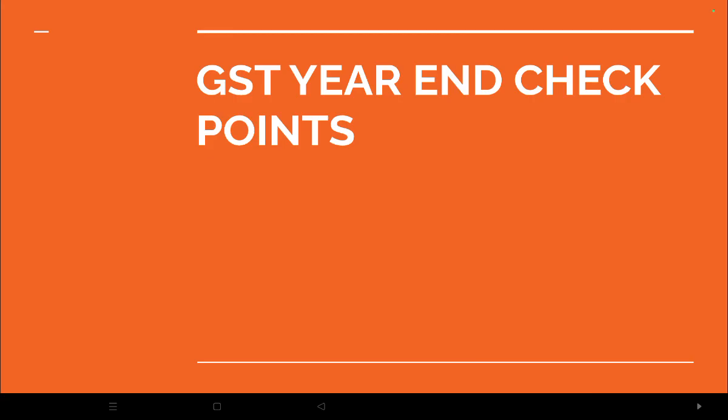If we are opting for a composition scheme, then we have to apply for it on or before 31st March 2024 in CMP-02. If we have already applied for composition scheme for 23-24, then we have to file form GSTR 4 on or before 30th April 2024.